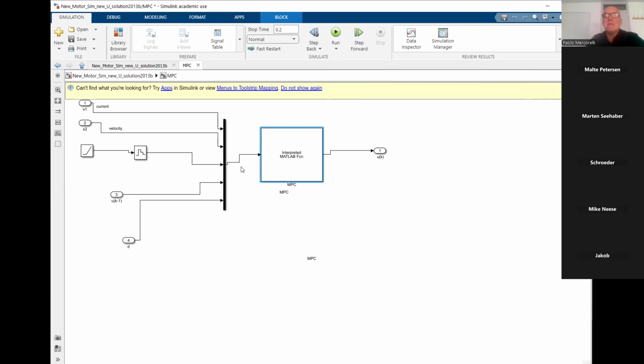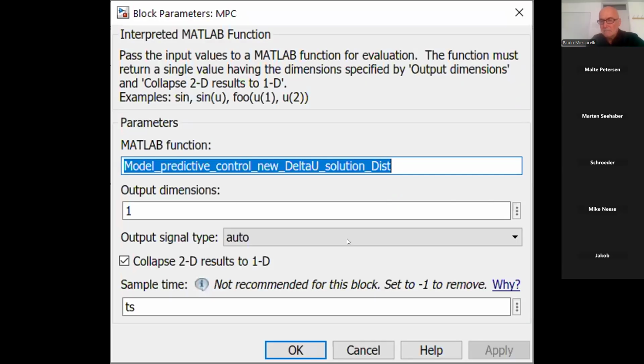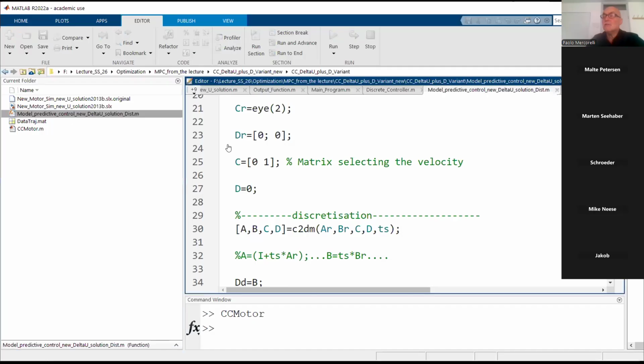I don't know, last time, do you remember? It's an M file. If you want, I can share. This is the file. The file, if you remember, is basically a copy of the solution which I presented also today.